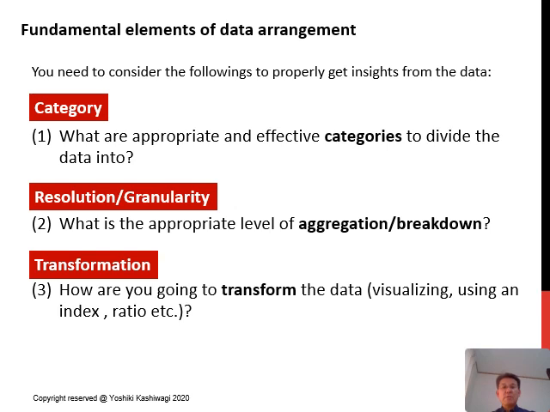The second one is a level of resolution or a granularity. This is a very strange English word, but granularity. That means how detailed you have to split. So there are two ways to arrange in this area, aggregation and breakdown. As I told you earlier about the category, you split the data into more detail. That's breakdown. Aggregation is the opposite direction.